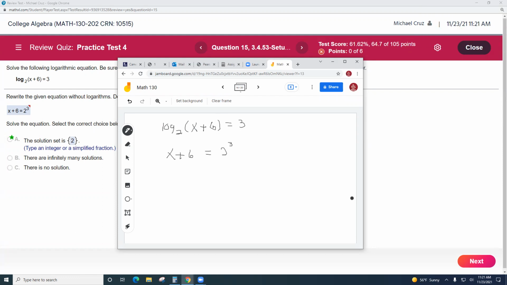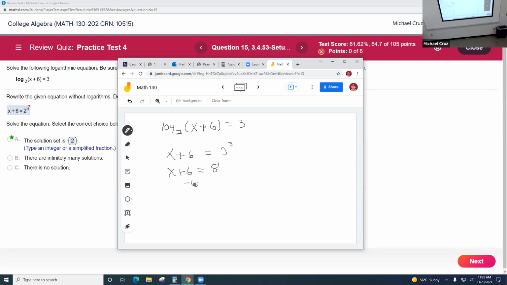Yes. Okay, so log base 2 means 2 raised to the third power gives us this. So x plus 6 is equal to 8, and x is equal to 2. And we've got to make sure to check. All right.